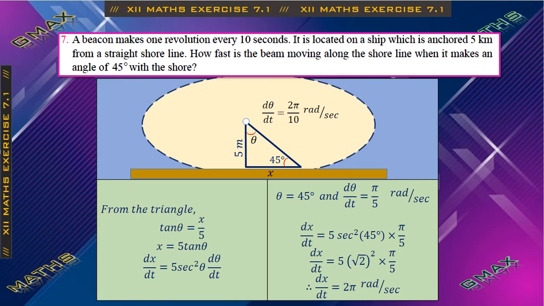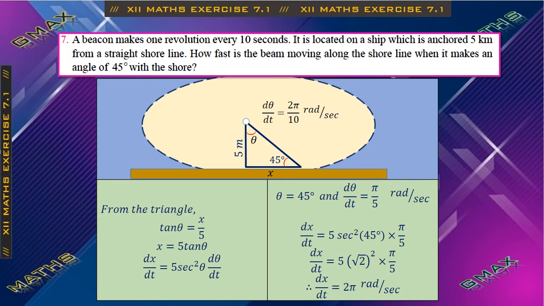Okay. From the right angle triangle, tan theta equal to opposite by adjacent, x by 5. We are getting x equal to 5 tan theta. Right. Here, to find how fast the distance is changing, differentiate: dx/dt equal to 5 secant square theta d theta/dt. Okay, that's all.